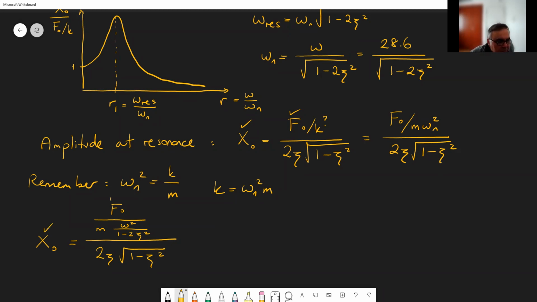This is known, this is known, this is known. Omega is known. Only zeta is unknown in this equation, okay? So I can write this equation as follows. M x0 omega squared over x0.